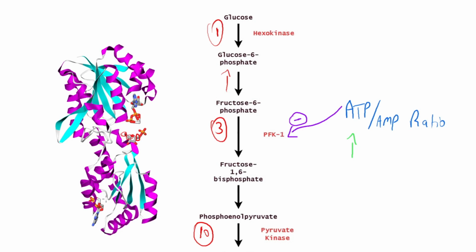And these two molecules are ATP. This is ATP, and this is also ATP. So you can kind of recognize that there are two sites here. These have bound to the enzyme at two different sites. In this site, you have the ATP and the fructose 6-phosphate.